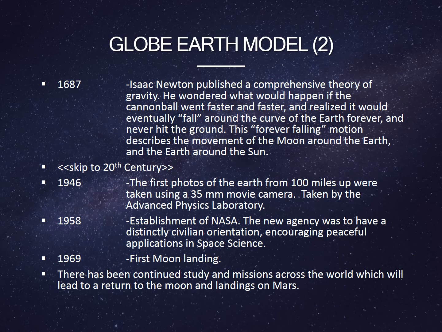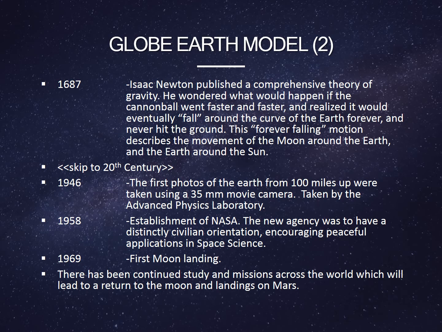He wondered what would happen if the cannonball went faster and faster and realized it would eventually fall around the curve of the earth forever and never hit the ground. This forever falling motion describes the movement of the moon around the earth and the earth and planets around the sun.